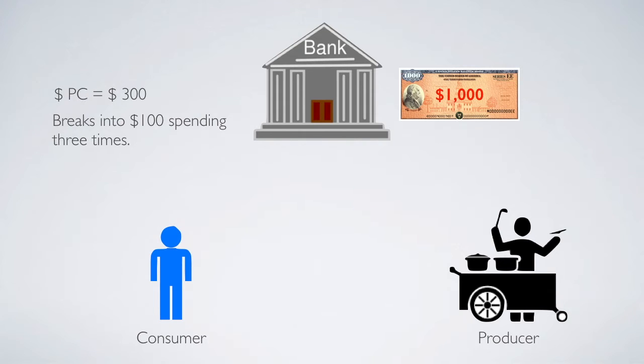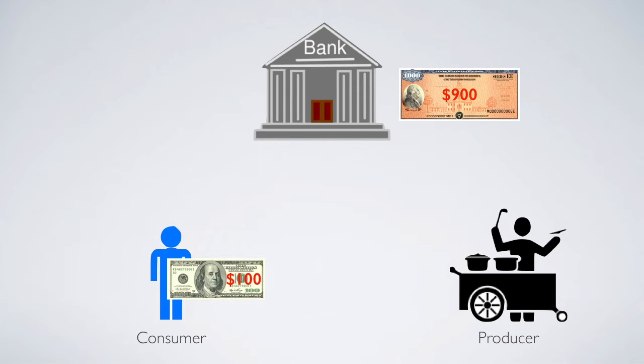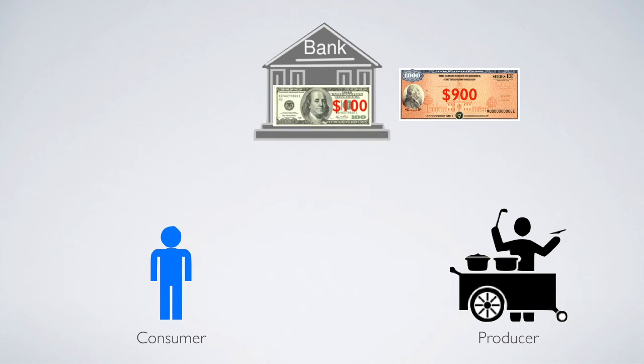For the first trip, he first withdraws $100, so his saving account now has a balance of only $900. Eventually he will bump into the producer and buy goods from him, and we assume that the producer saves this money in the bank immediately.